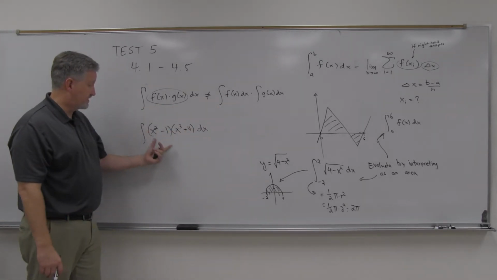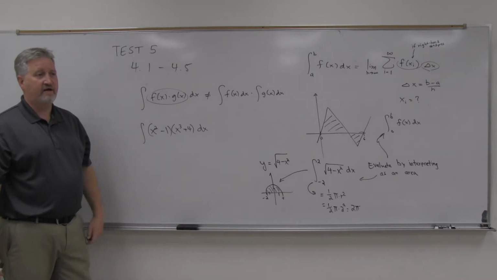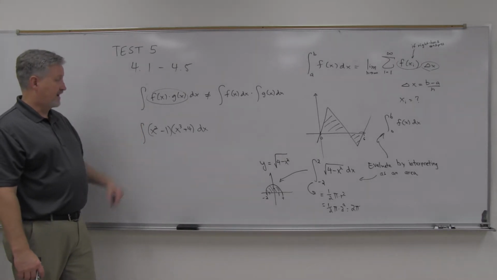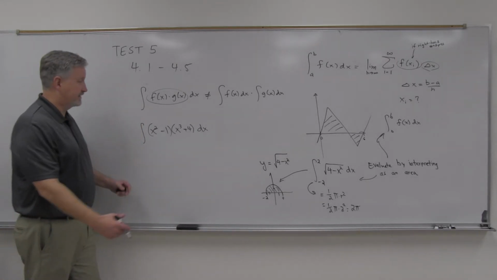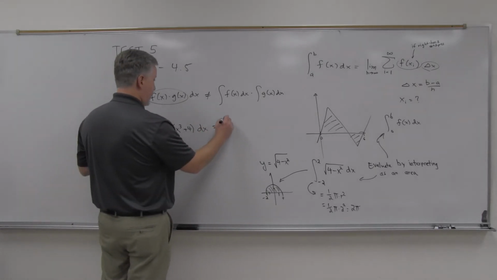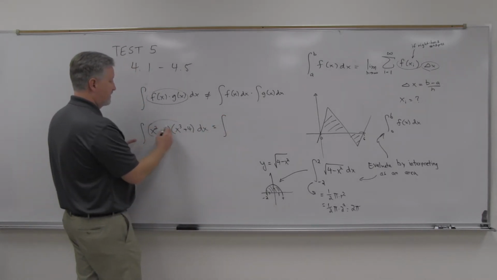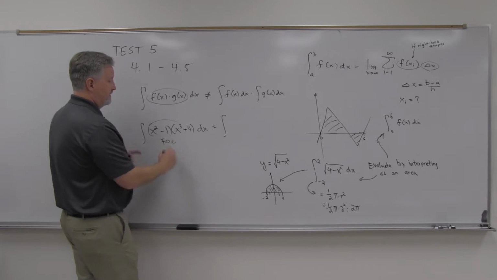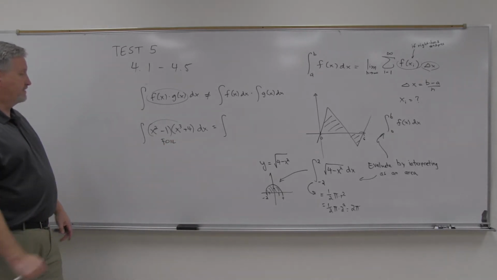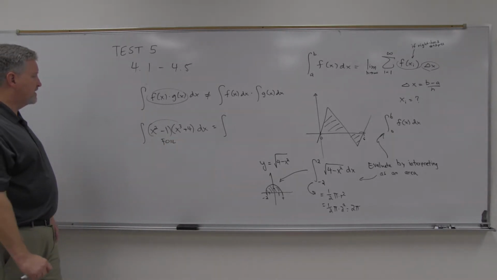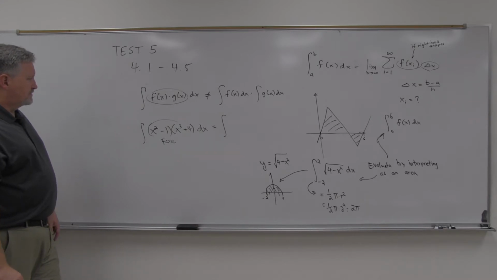So I can't do it that way. In other words, do the antiderivative of that times the antiderivative of that. But I can get rid of the multiplying by foiling or distributing, or squaring is another one. If I go ahead and foil that out, I can take care of the problem of multiplication.